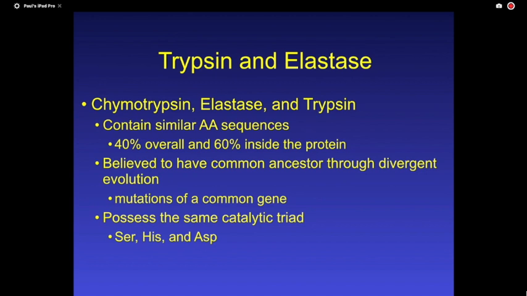The thought about how all 3 of these have come about is that one was optimized, and through evolutionary changes, you would change the specificity pocket, and you would build much more effective degradation of proteins. If by chance you change the catalytic triad, that would be selected against because it didn't give you any benefit.